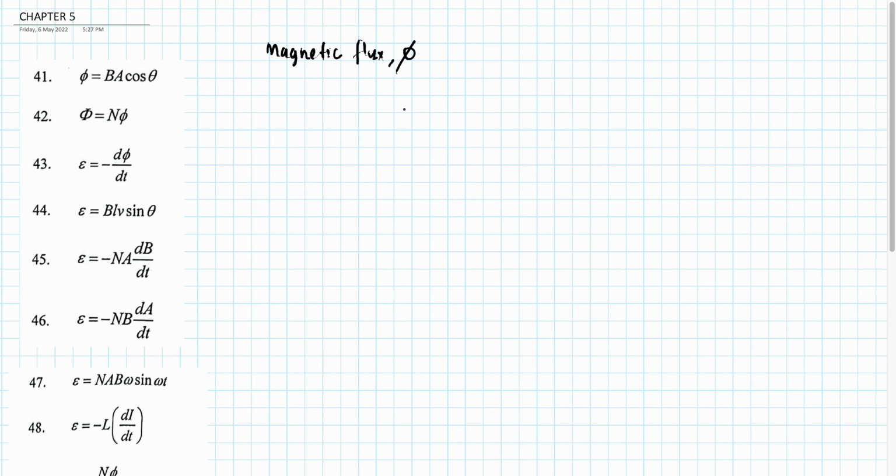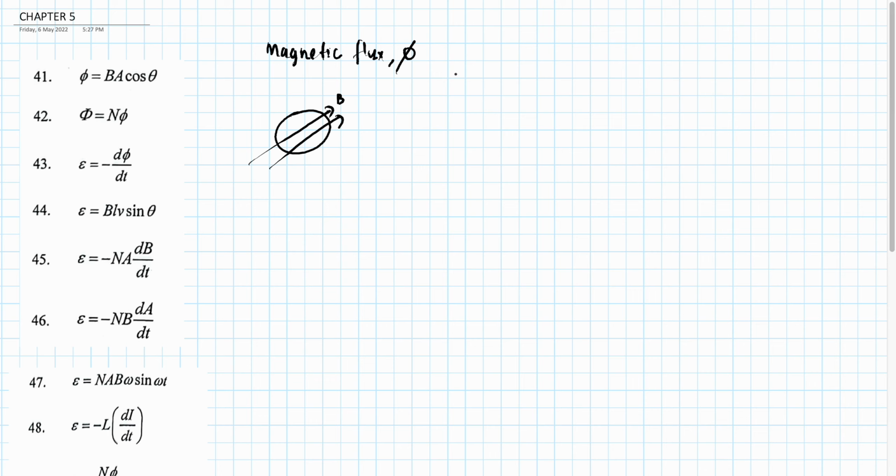So what is magnetic flux? For example, we have a coil, and then we have a magnetic field passing through the coil. Magnetic flux explains how much magnetic field passes through a cross sectional area.